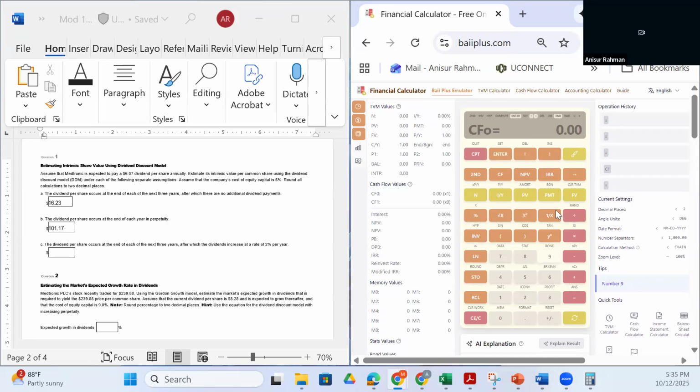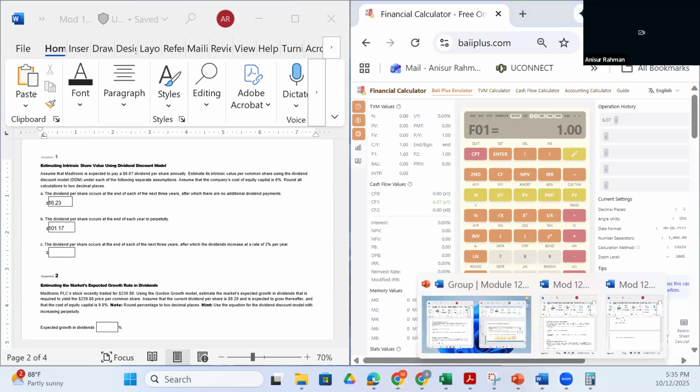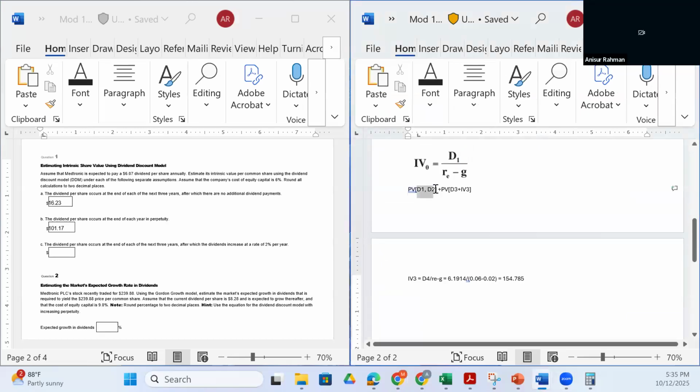We don't have any cash flow for today, so press the down arrow once and enter our first dividend. Don't forget to press the enter key. Now, down arrow: how many times are they happening? Remember, this is happening twice, D1 and D2.